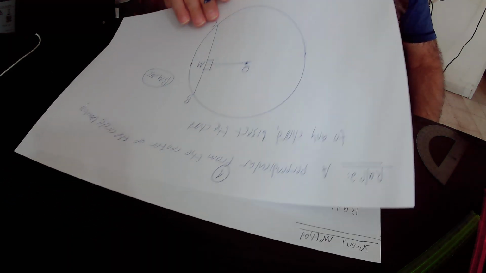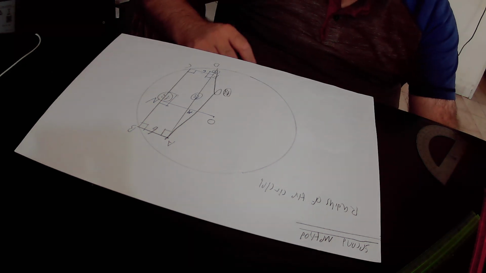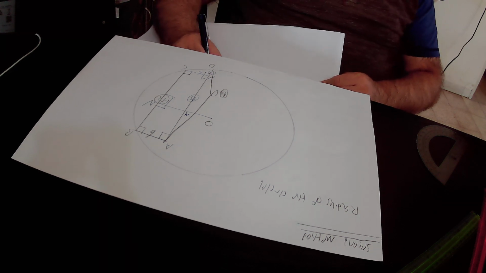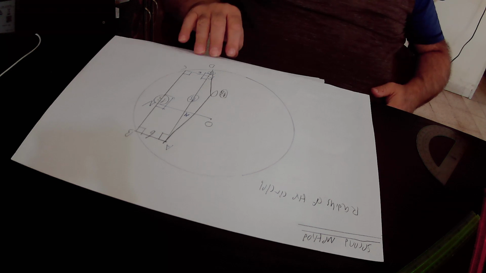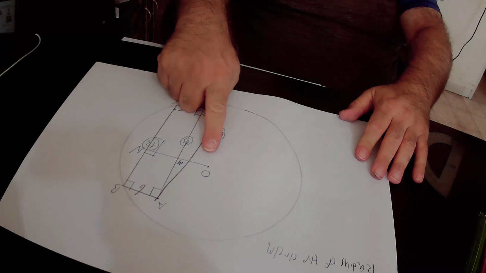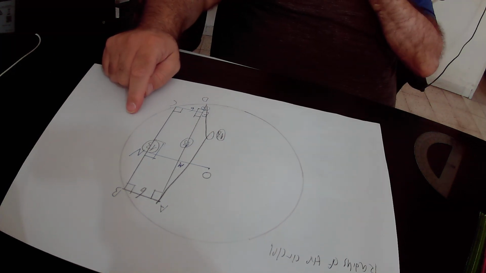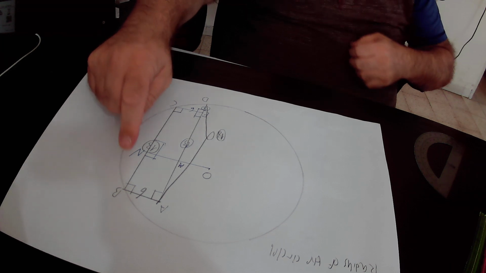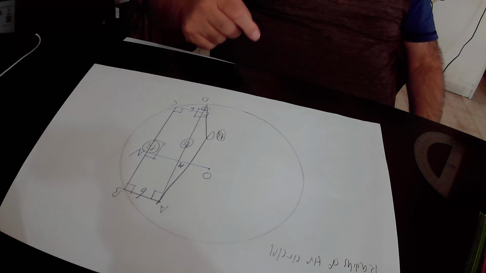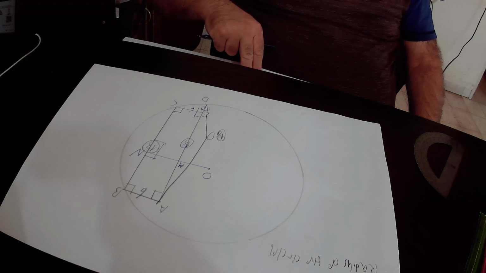We can actually implement rule number 2 in our drawing. Why? Because in our drawing we have the perpendicular ON from the center of the circle towards chord BC, and according to rule number 2, it bisects chord BC. That is to say, BN equals NC. So I write it down.